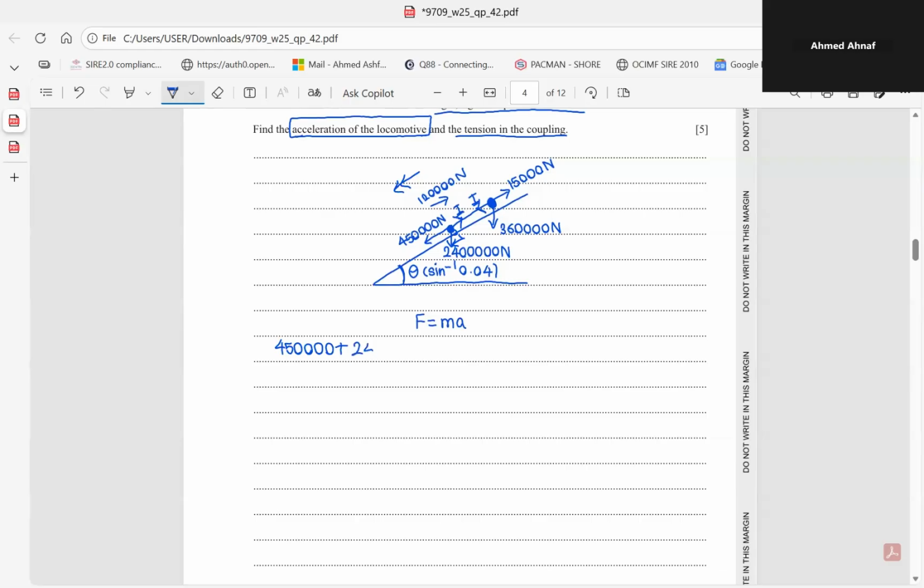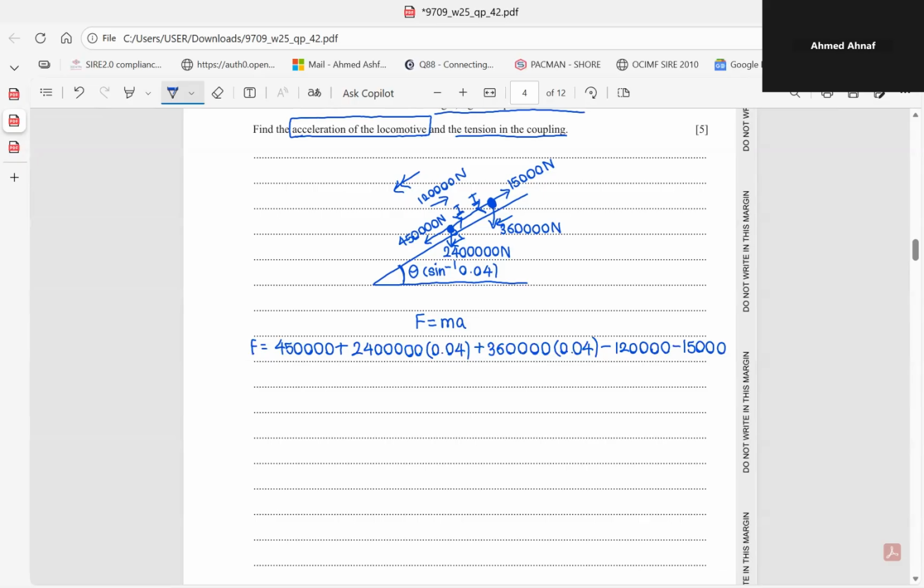So this is just going to be 2.4 million sine theta, which is 0.04. Same for the weight here, plus the 360,000 sine theta, which is 0.04. And you subtract the resistive forces acting on both the locomotive and the coach, which is 120,000 minus 15,000. Okay, so this is F.